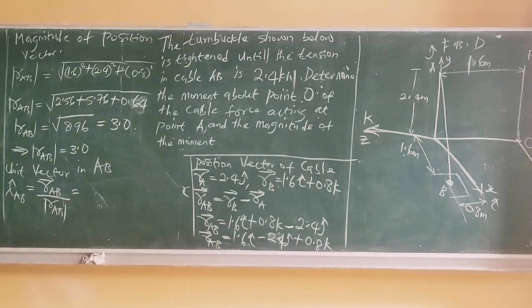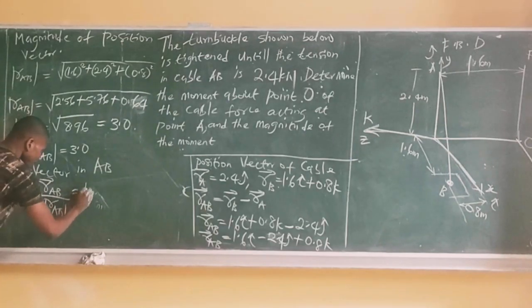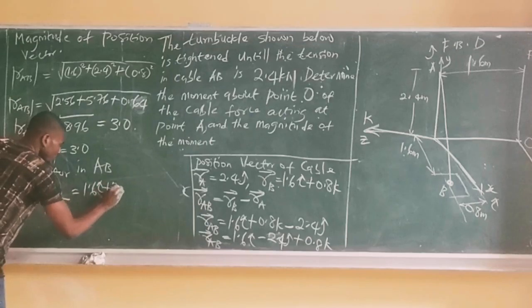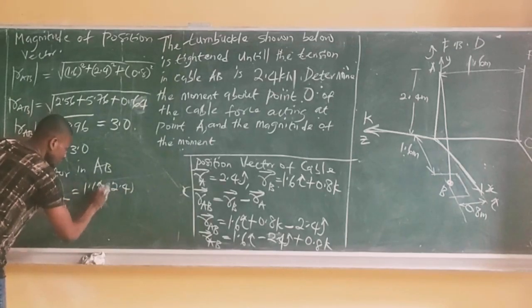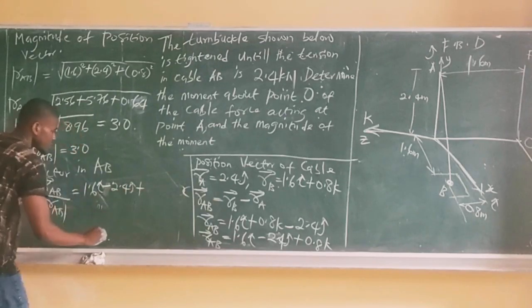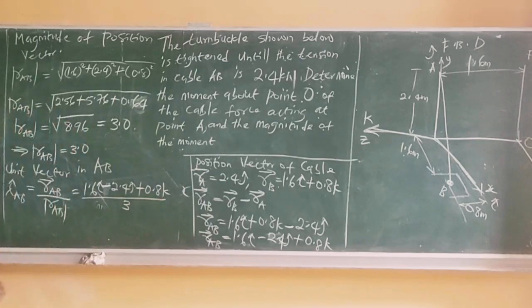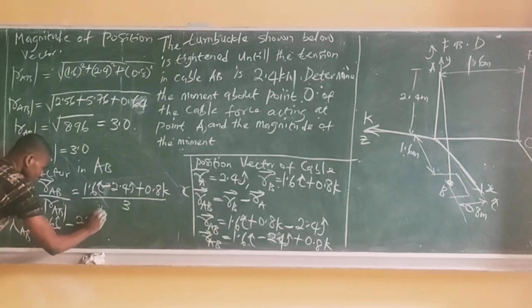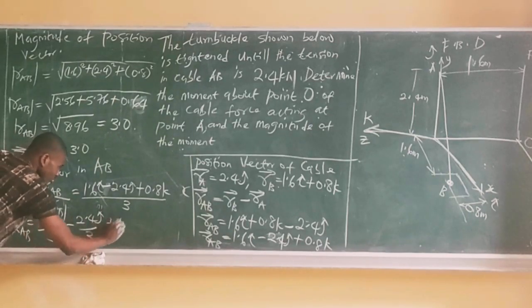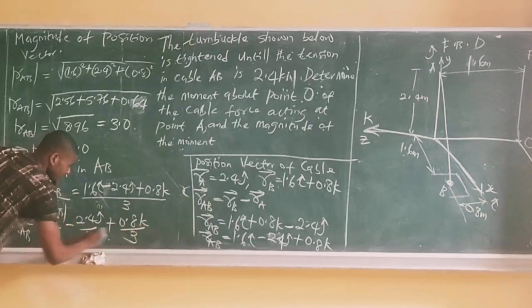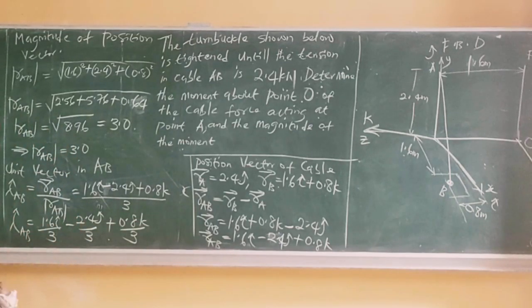That is equal to 1.6i minus 2.4j plus 0.8k all over 3.0, which is 3. You can break this equation down to say the unit vector in cable AB is equal to 1.6i divided by 3 minus 2.4j divided by 3 plus 0.8k divided by 3. That will give us the unit vector.